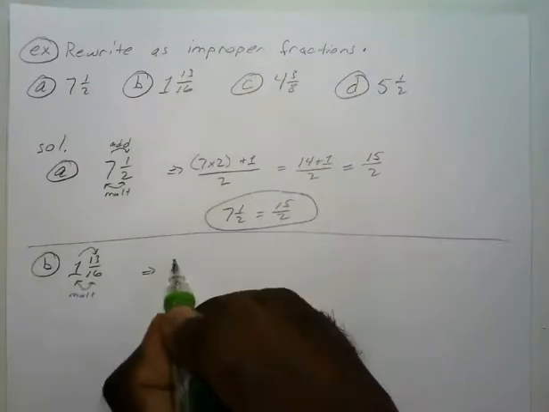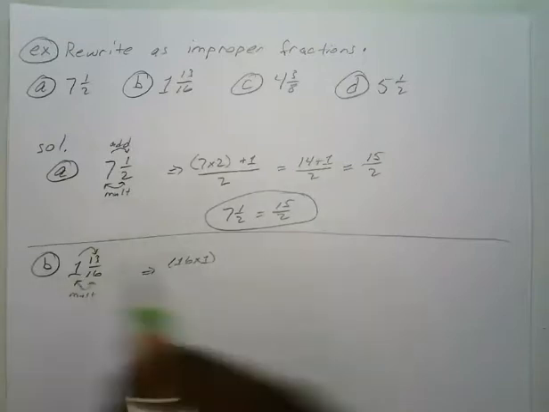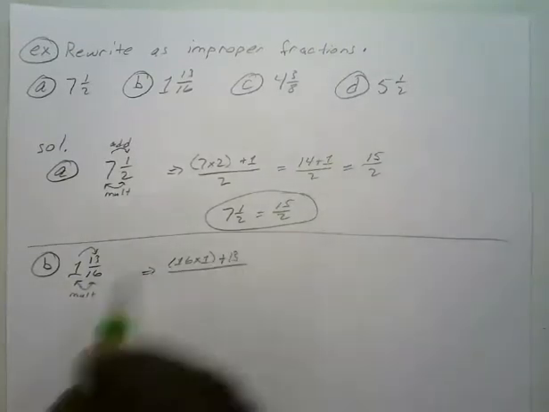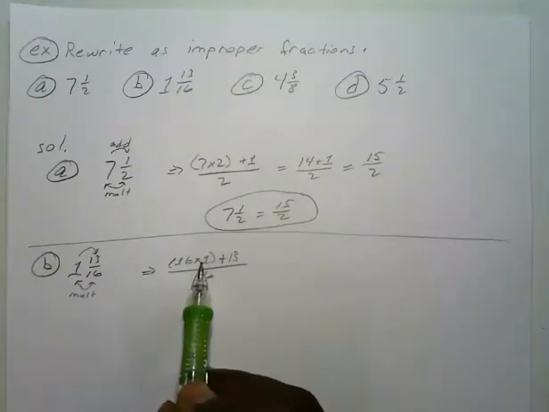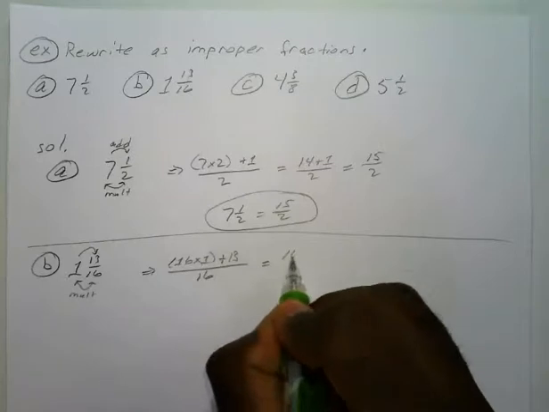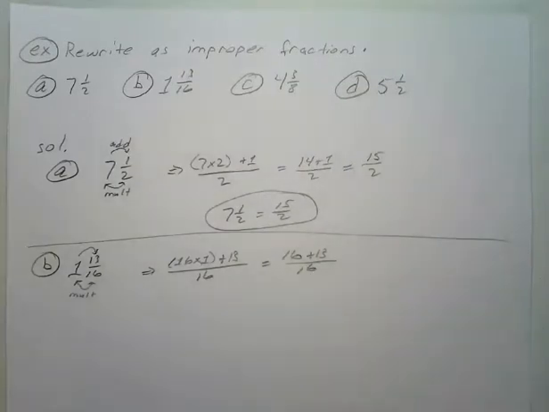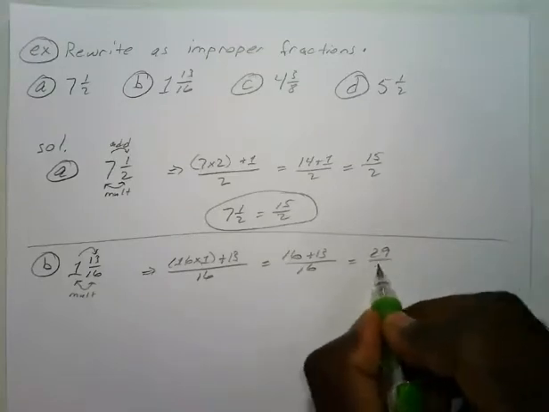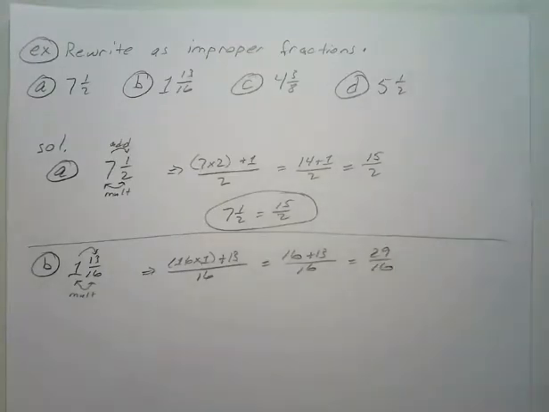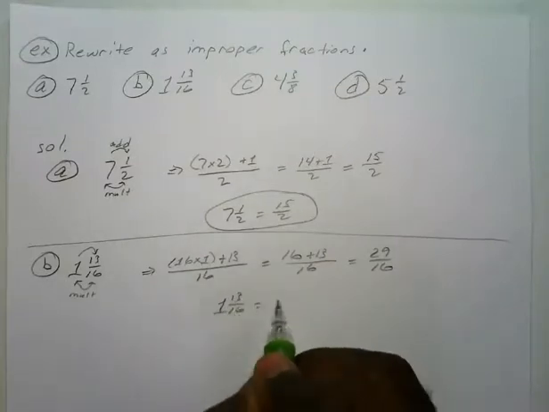So you have 16 times 1 plus your numerator, which is 13, which would be all over the same denominator. So 16 times 1 is 16, plus 13, all over 16. So 16 plus 13 is 29 over 16. So 1 and 13/16 is equivalent to 29 over 16.